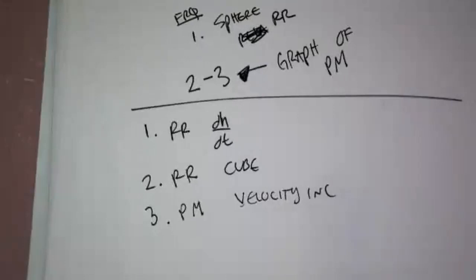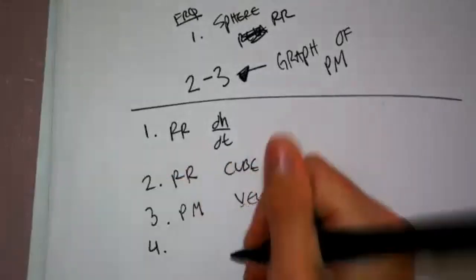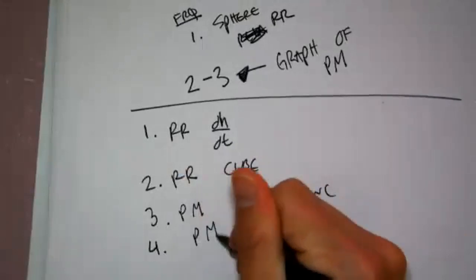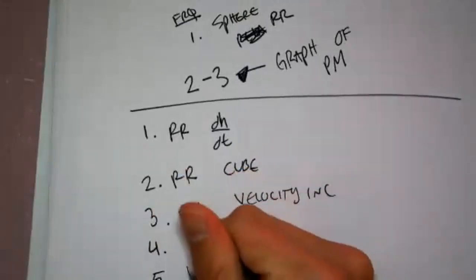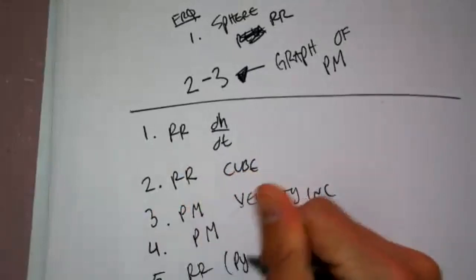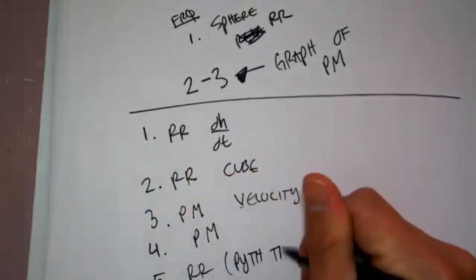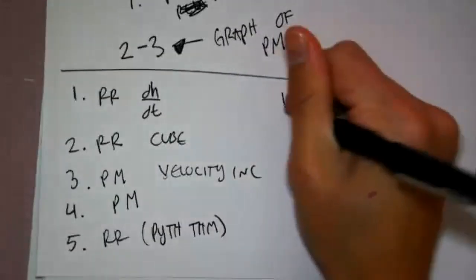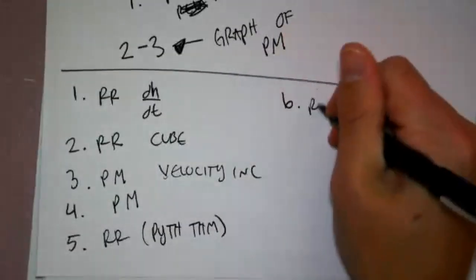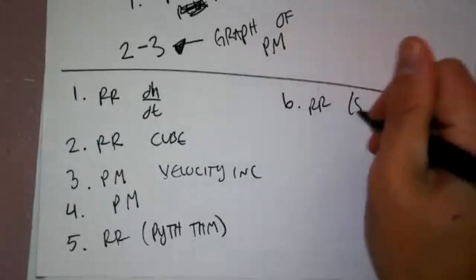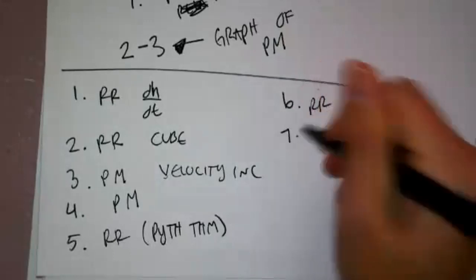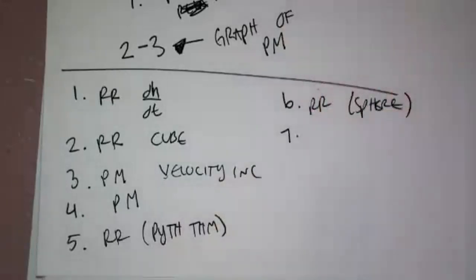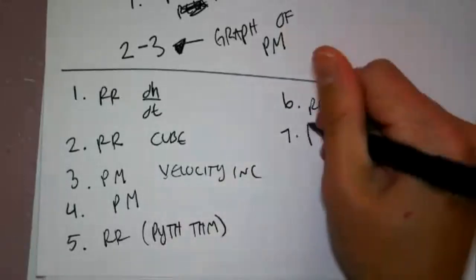I'll give you 10 minutes. Then you have another particle motion. Then you have a related rate with the Pythagorean theorem. Then you have a related rates of another sphere. Then you have a particle motion.